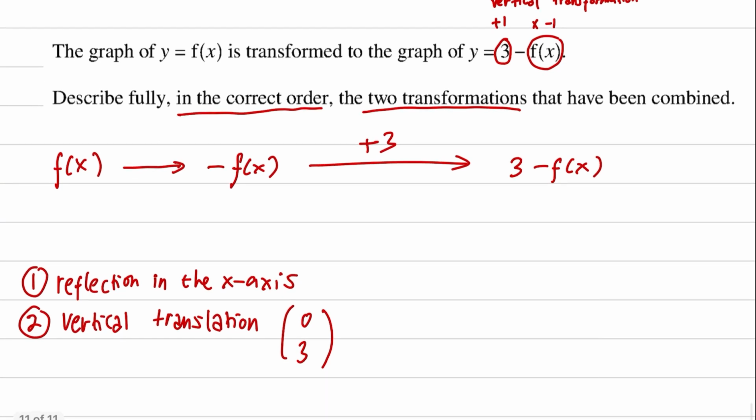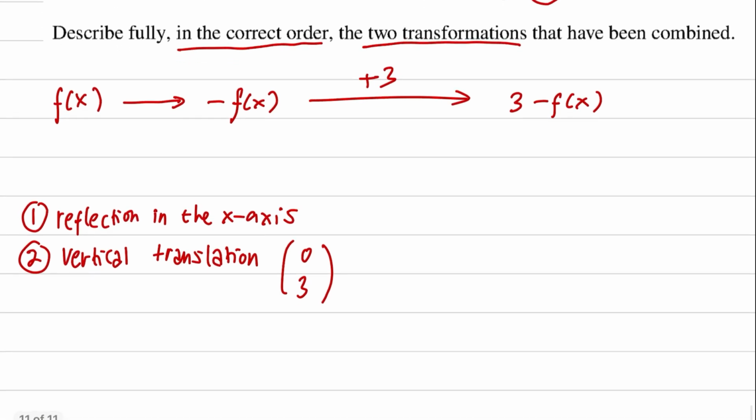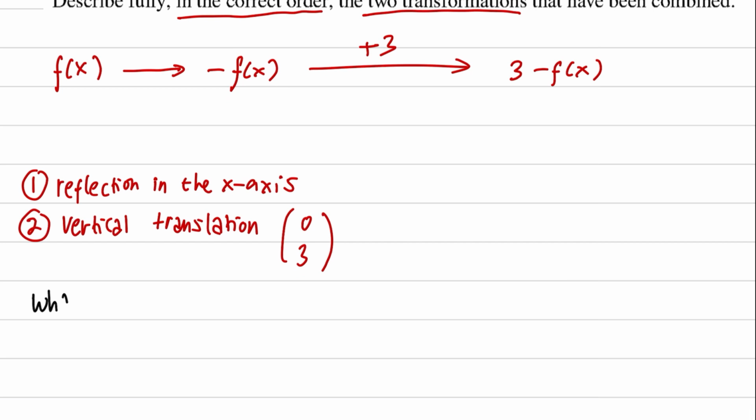We cannot do the vertical first and then reflection. Why? Because what happens if we swap the order?